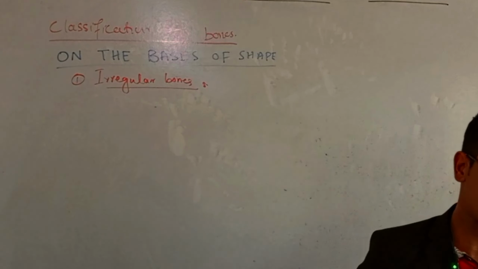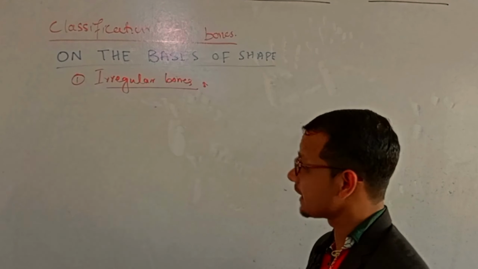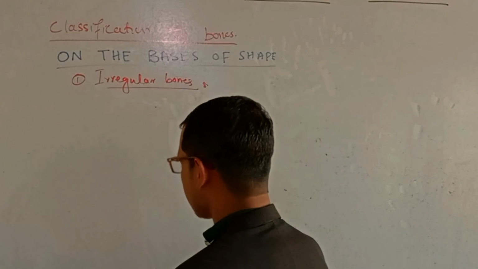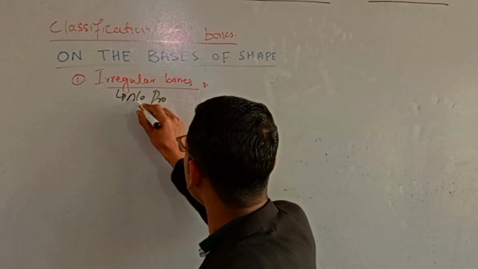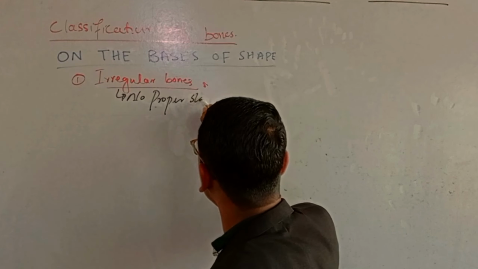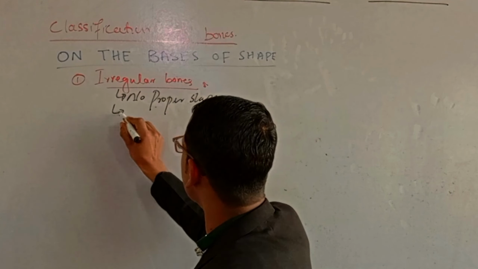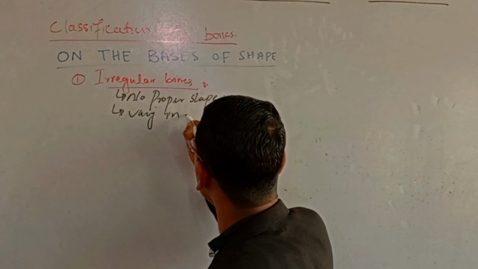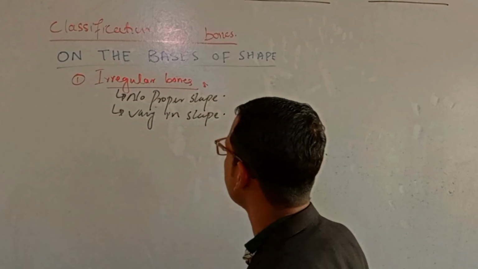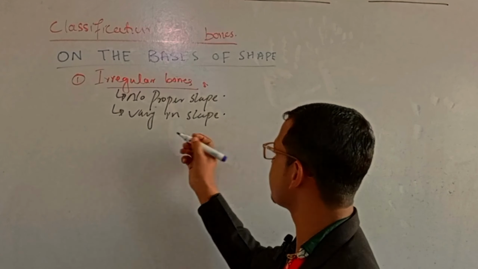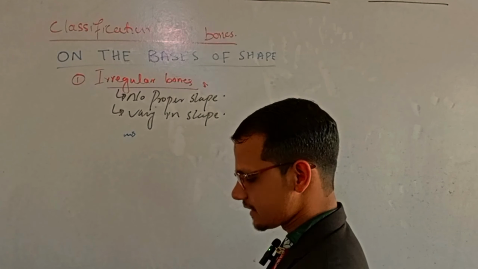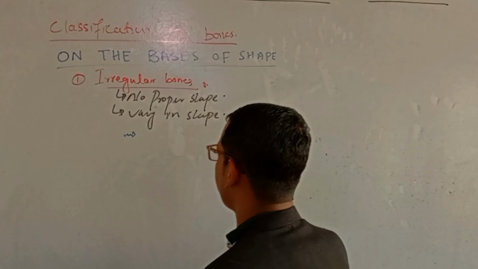They have no proper shape, and therefore they are called irregular. The best example of irregular bone is the vertebrae of the vertebral column.